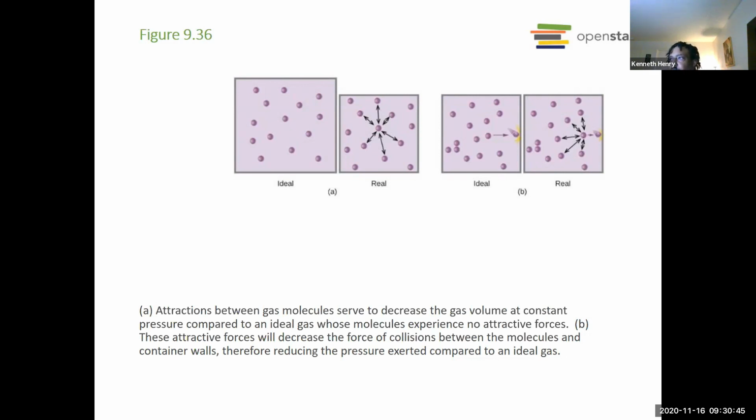So real case, ideal case. In the case of the container itself, under the ideal situation, you just get things bouncing completely off of each other. But really what happens is these guys interact with each other and then they get stuck to the wall, so they're not going to be able to bounce off the wall the way that we expect. Okay.